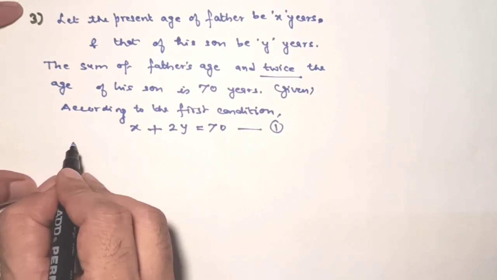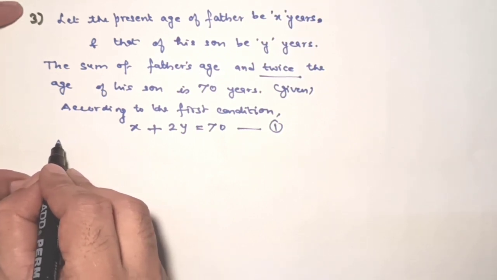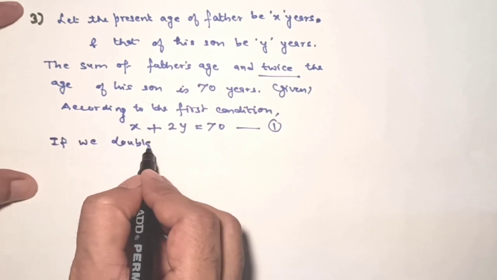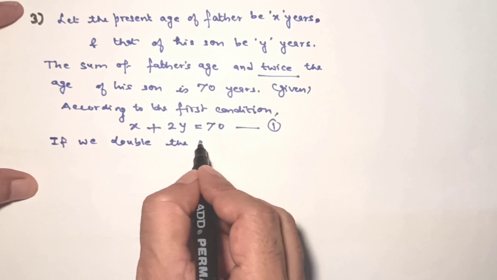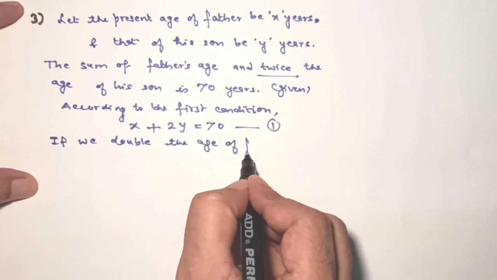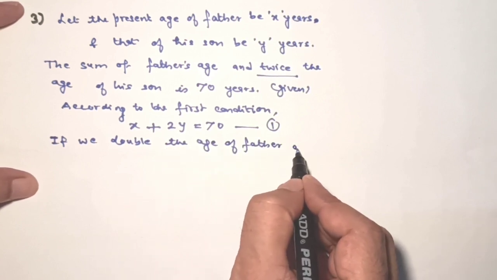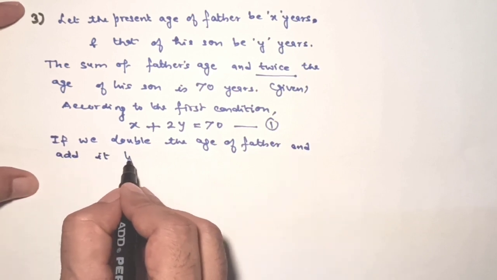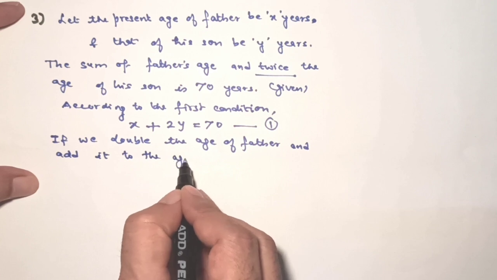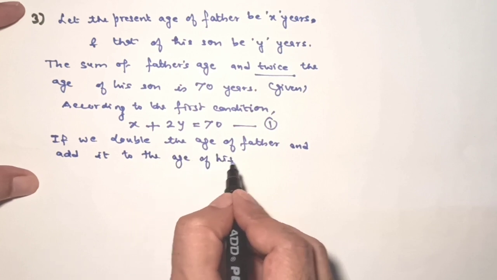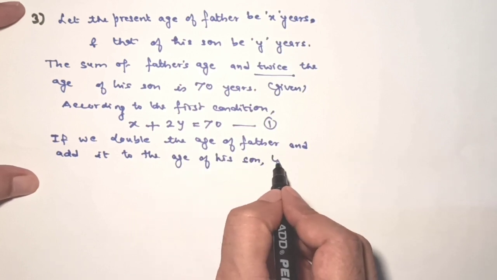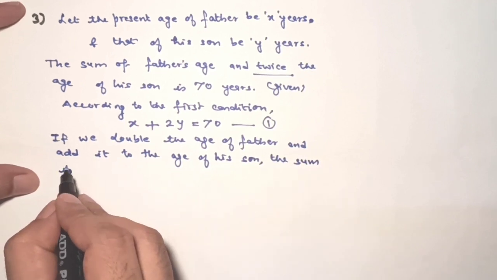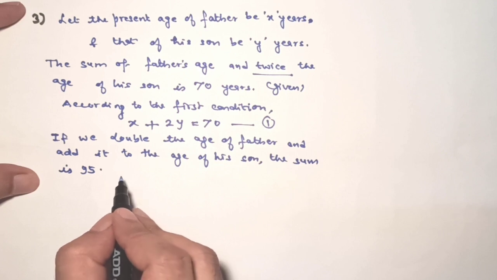Now go for the second condition. Here it is given if we double the age of father and add it to the age of his son, the sum is 95.